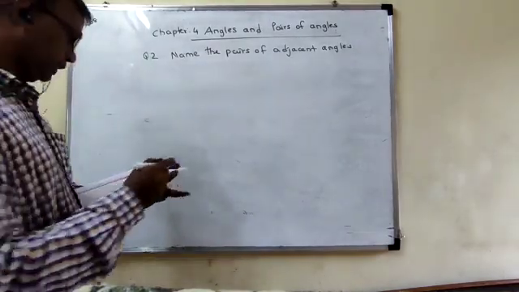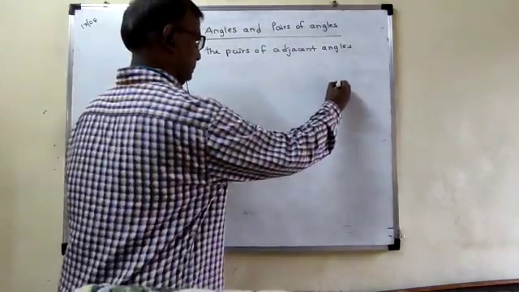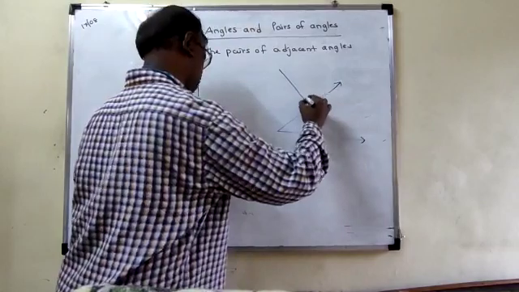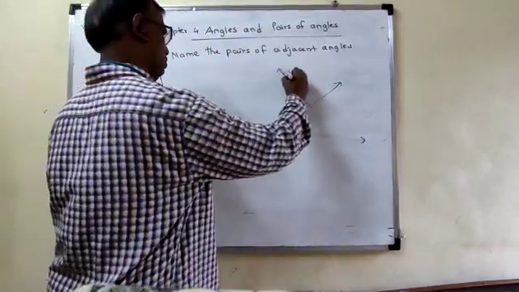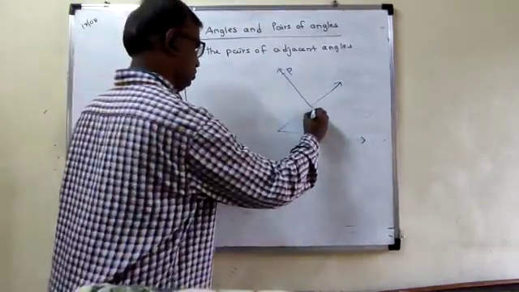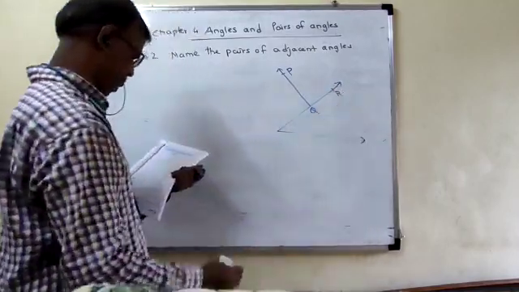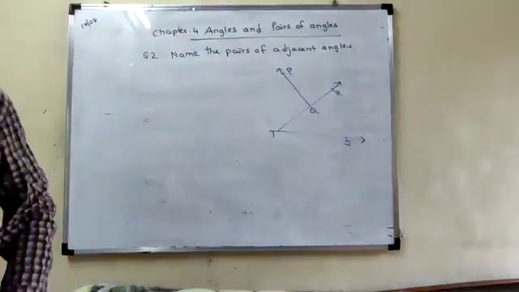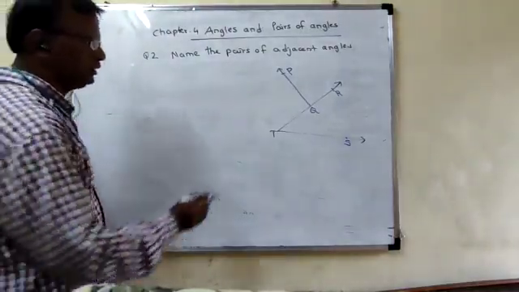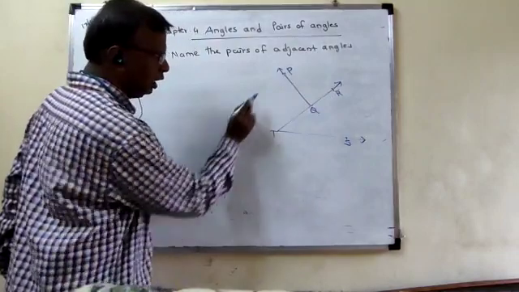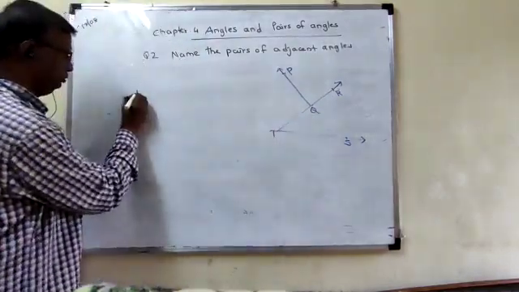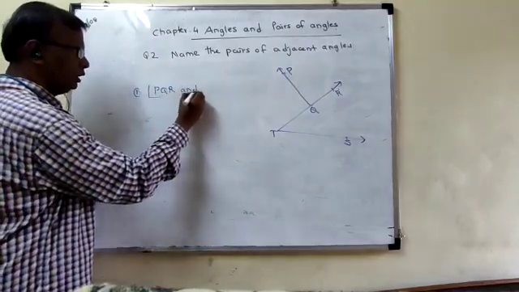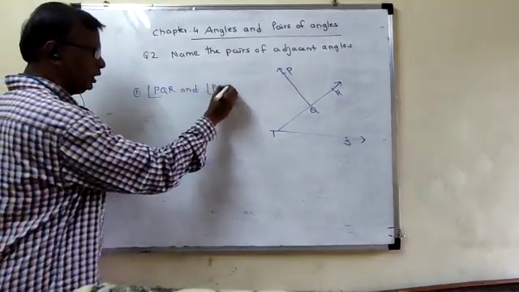The diagram, once again I'll draw the second diagram. Now in this, which are the adjacent angles? I'll say angle PQR and angle PQT.